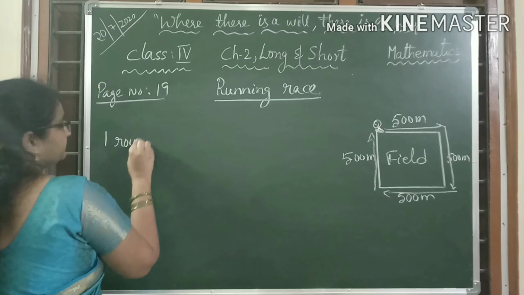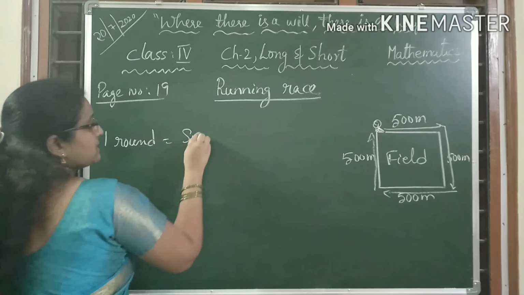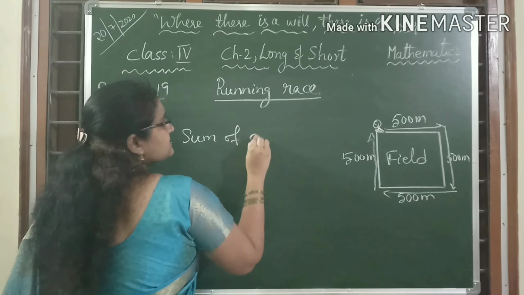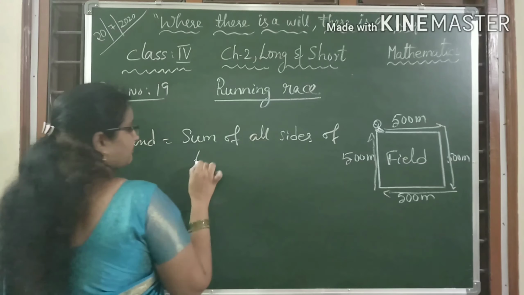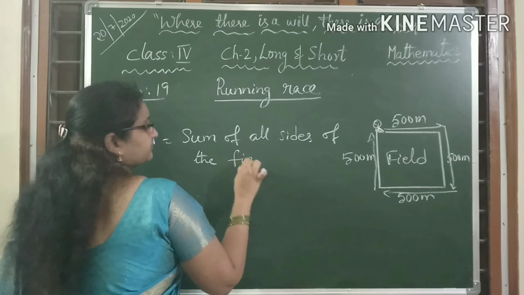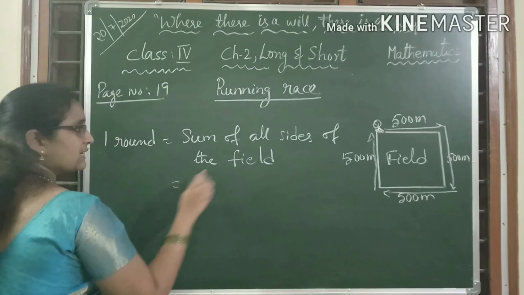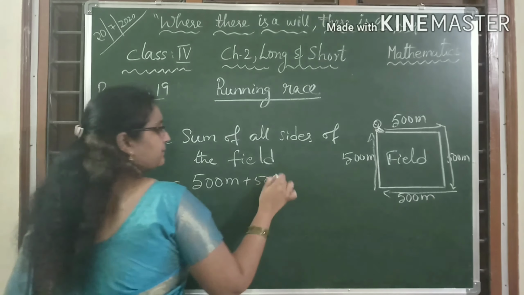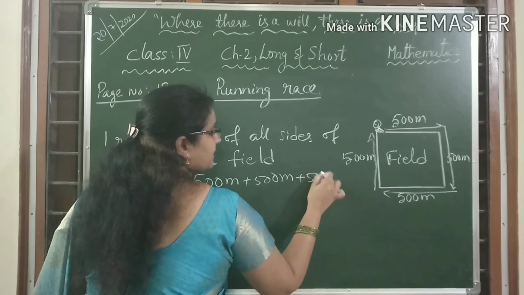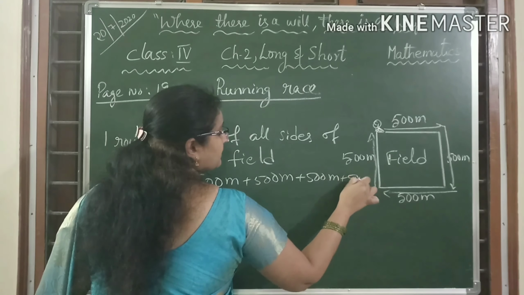So 1 round equals the sum of all sides of the field. So here write it: 500 meters plus 500 meters plus 500 meters plus 500 meters.